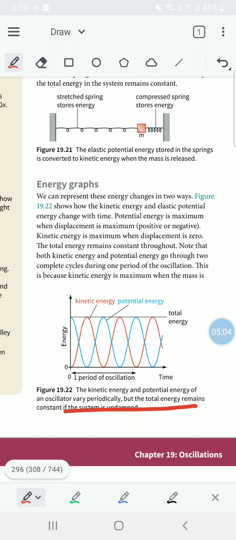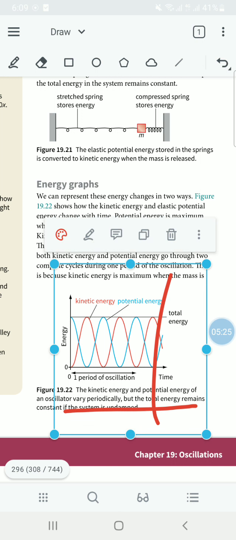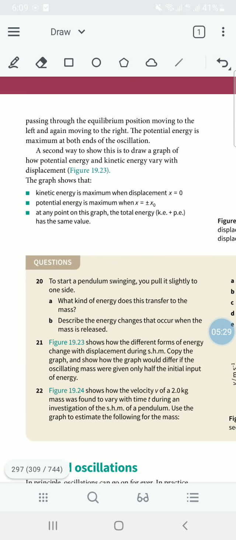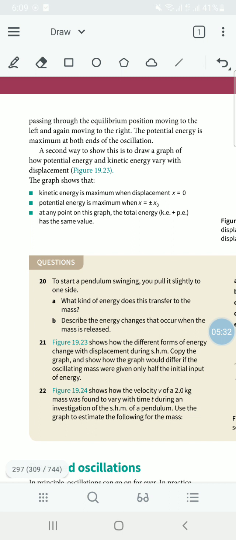The total energy remains constant throughout, assuming there is no energy waste. Note that both kinetic energy and potential energy go through two complete cycles during one period of oscillation. This is because kinetic energy is maximum when the mass is passing through the equilibrium position, moving to the left and again moving to the right. The potential energy is maximum at both ends of the oscillation.